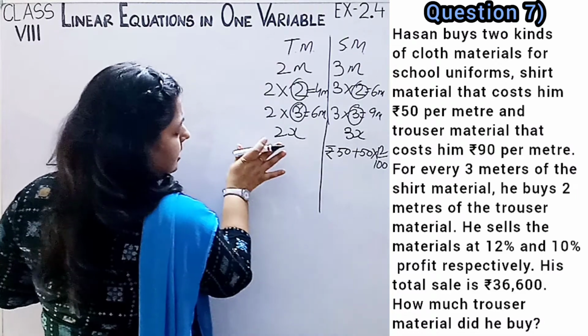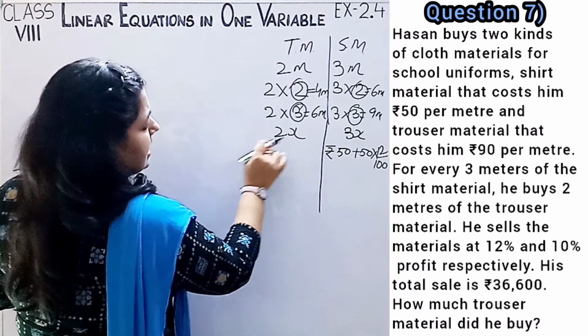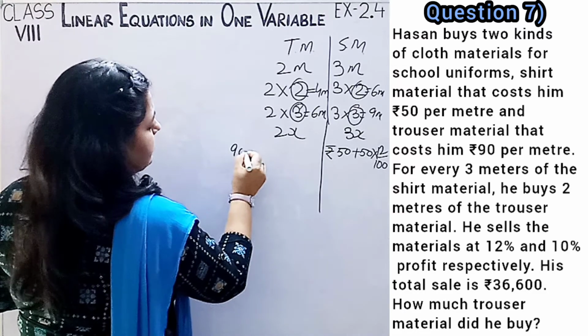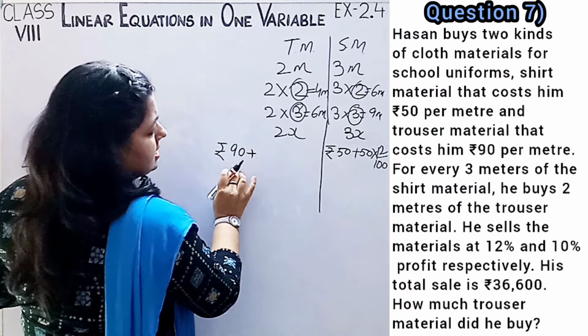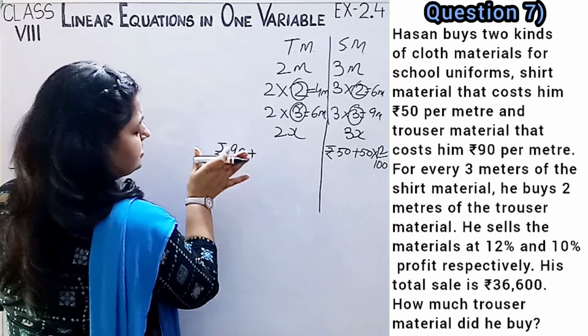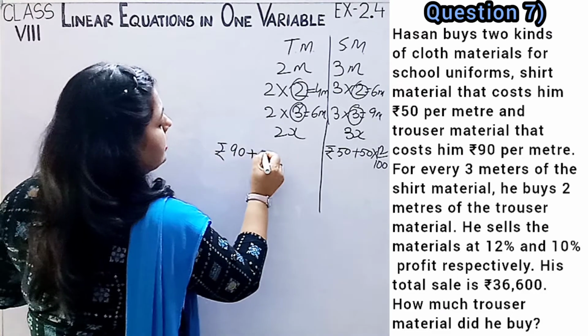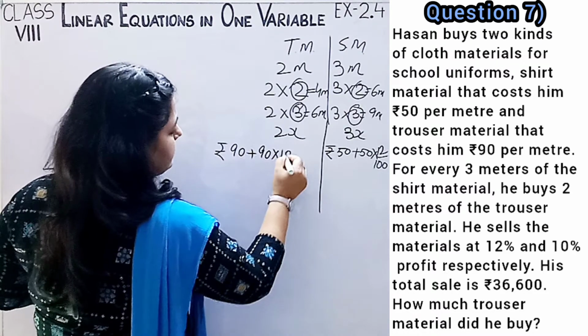So in the trouser material, rupees 90 is given, so 90 rupees and 10% in the question is given. He got a profit after selling this. So 10% of 90.